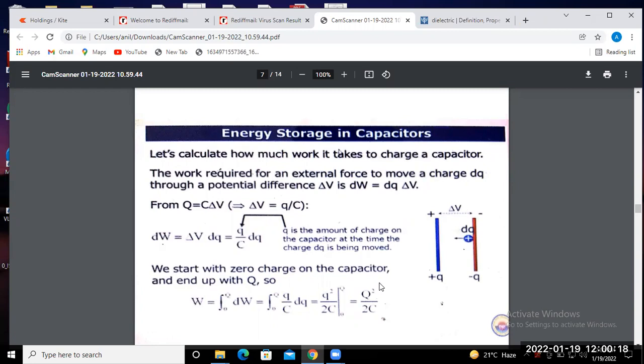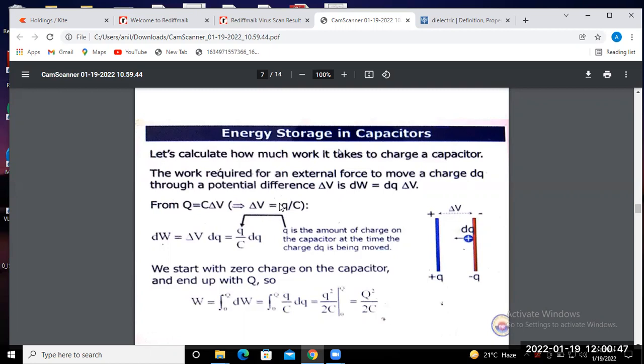So this amount of energy can be stored in the capacitor. Okay. Your numerical values may be given, the charge value and the capacitance value. Then you can find out in numerical terms the work done or energy we can store in the capacitor. Okay, so this is the basic derivation for the energy stored in the capacitor.